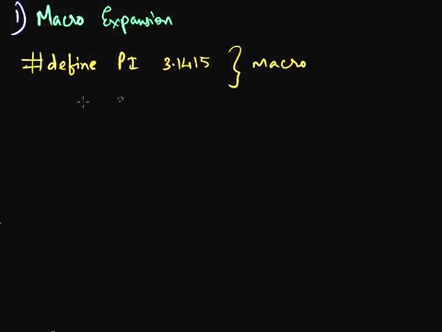Now what the preprocessor does is, when it scans your source code before it goes to the compiler, it replaces this pi with this value. Wherever it finds these characters pi, it replaces them with this value.